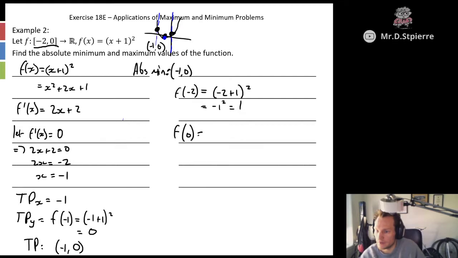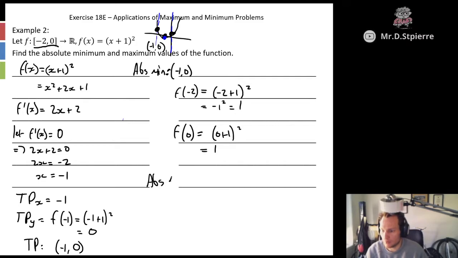F of 0 is equal to 0 plus 1 all squared, which is also equal to 1. It makes sense, the turning point's halfway between our left and right domain boundaries. The quadratic is symmetric, so before we even found these 2 points, I knew they were going to be the same height.